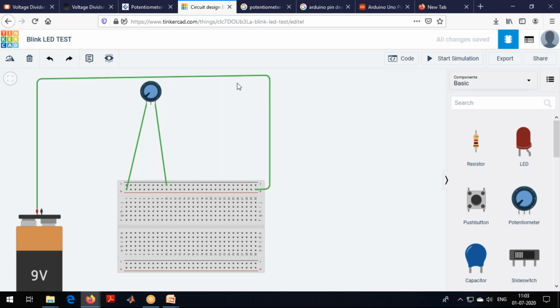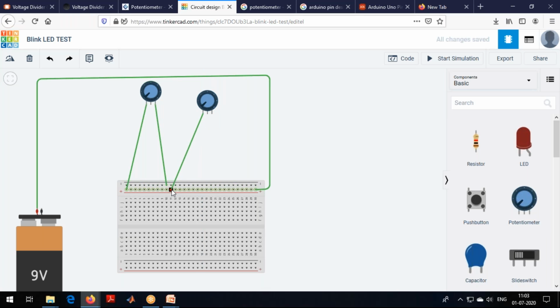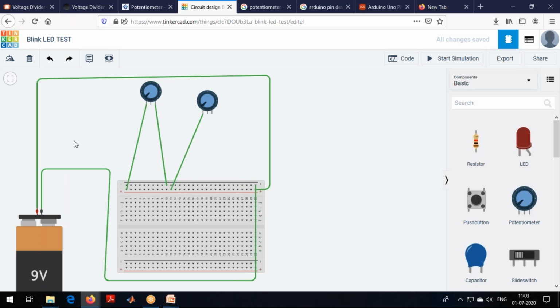Similarly, one connection I am making to this. From there I can connect it to any number of components. For example, I can connect another potentiometer also. The second pin I'll connect to ground. Okay, ground connection.